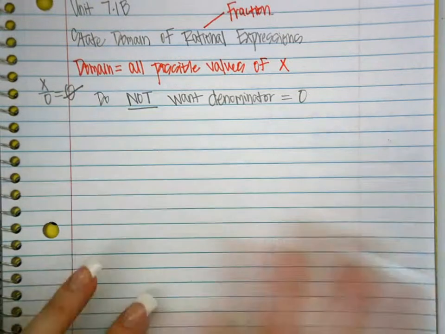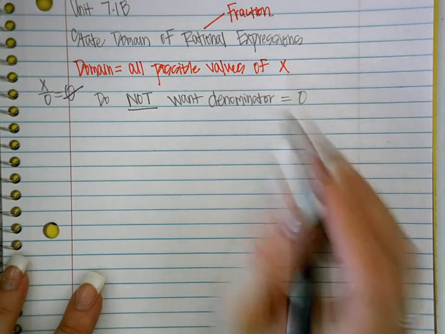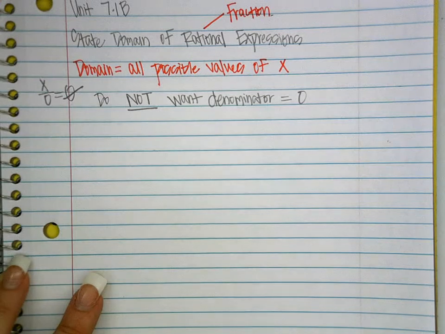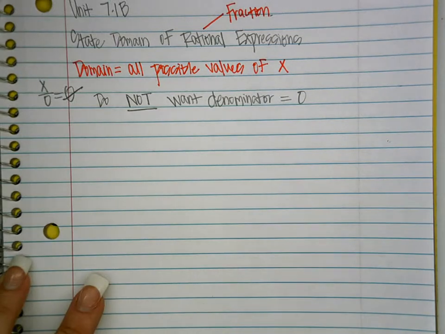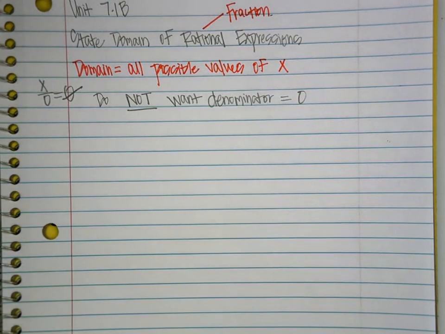We want to get answers. So we're basically asking, what can you plug in for x so that you will get an answer? These should be a little bit easier.